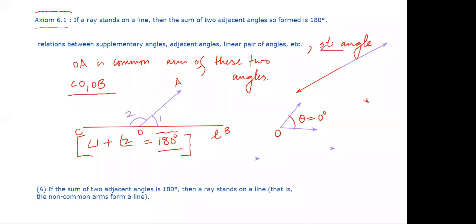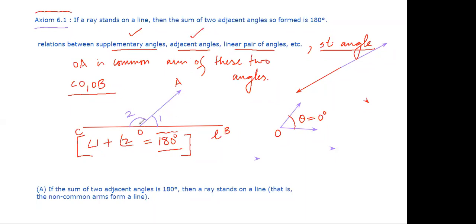All these things, straight angle, linear pair of angles, adjacent angles, supplementary angles, are pointing towards a common thing. Angle 1 and angle 2 sum is 180, supplementary angles. They are also adjacent angles because one arm is common.